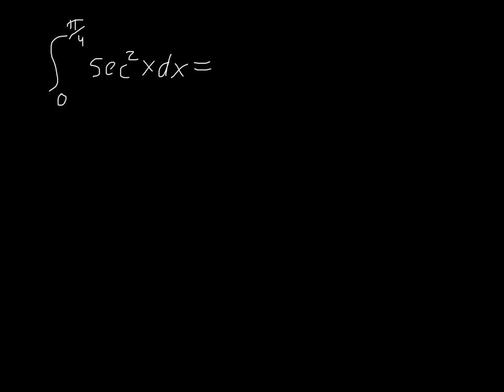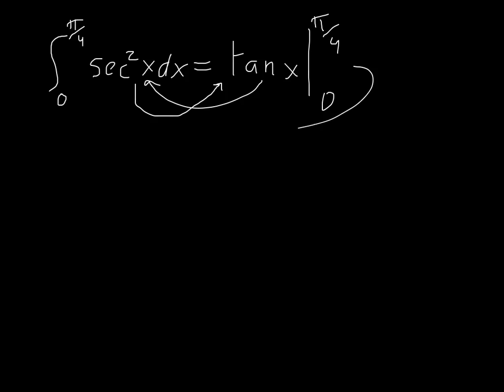Now we're looking at another definite integral. As we look at this, do we have rules in which we can integrate secant squared? Yes, the integral of secant squared is tangent x. And as a reminder, if you're still a little unclear on the rules, differentiate tangent x and it should be secant squared x. And we're evaluating this from 0 to pi over 4.